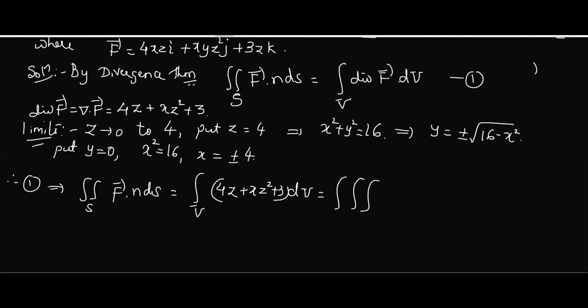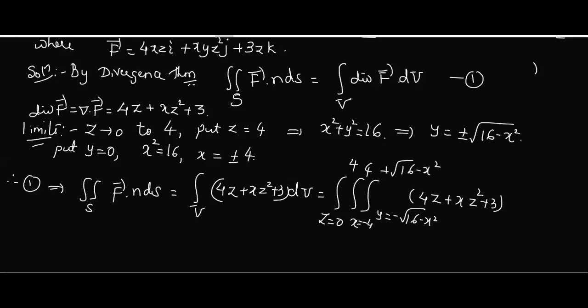Z is varying from 0 to 4, x is varying from minus 4 to plus 4, and y varies from minus root of 16 minus x squared to plus root of 16 minus x squared. The integrand is the divergence: 4z plus xz squared plus 3.